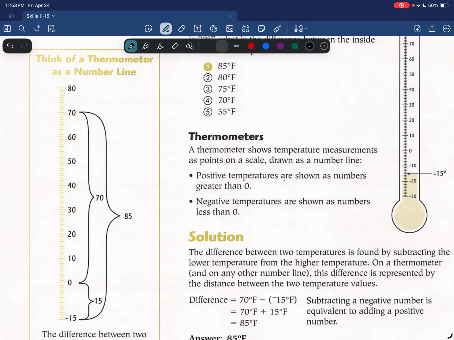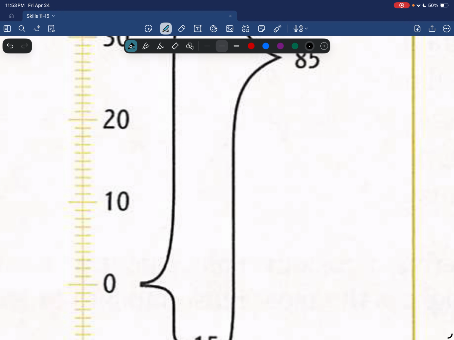This particular thermometer goes from -15, or 15 degrees below zero, all the way up to 80 degrees above zero. And I suspect this is a Celsius thermometer. Let's see if I'm right.